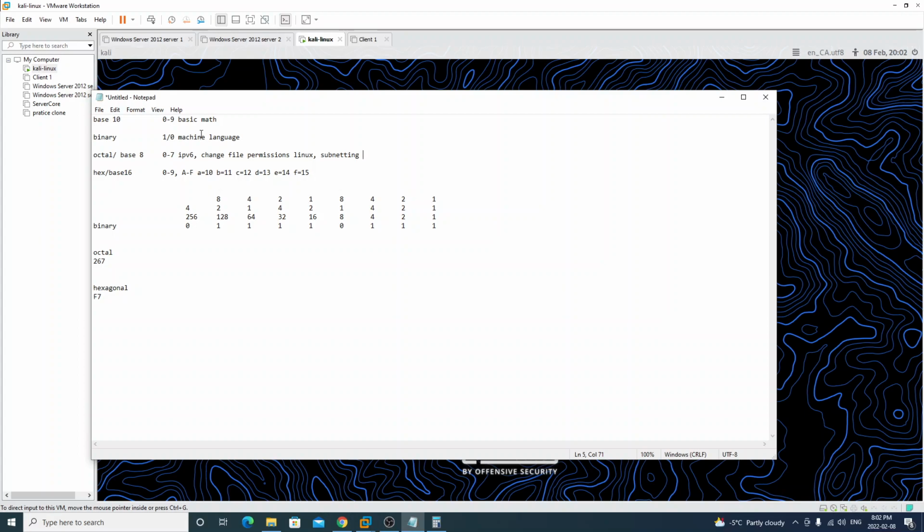So when you get into networking and you're interested in subnetting and file permissions and IPv6 addresses, or even IPv4 addresses, then you're going to be looking at the octal number set. And then for hexadecimal, it's mainly used in MAC addresses. That's why you see F, A, B in most MAC addresses, because they're operating from a hexadecimal format.